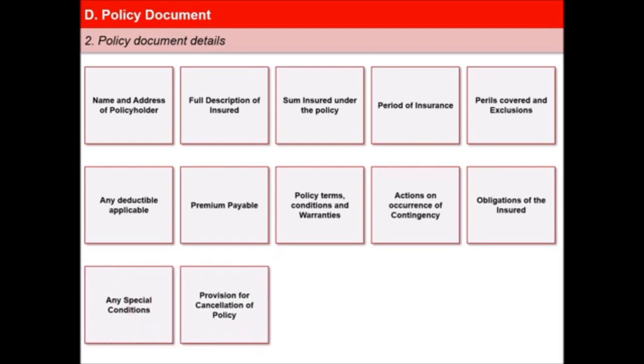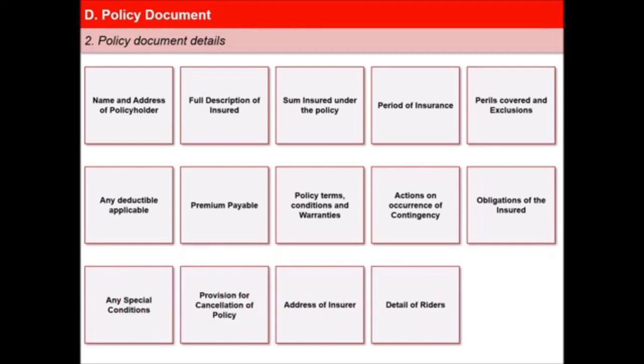Provision for cancellation of the policy on grounds of misrepresentation, fraud, non-disclosure of material facts, or non-cooperation of the insured. The address of the insurer to which all communications in respect of the policy should be sent, the details of the riders, if any, and details of grievance redressal mechanism and address of ombudsman.